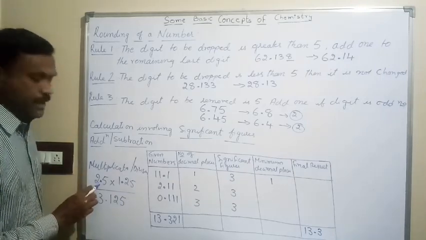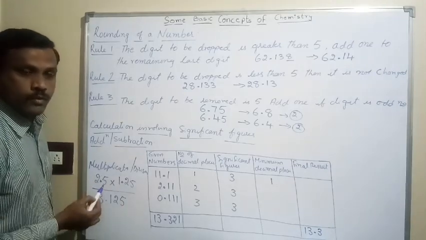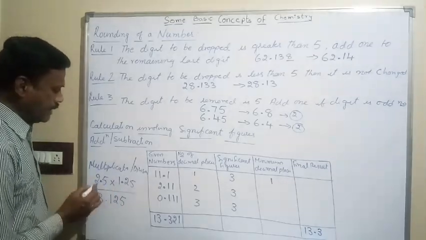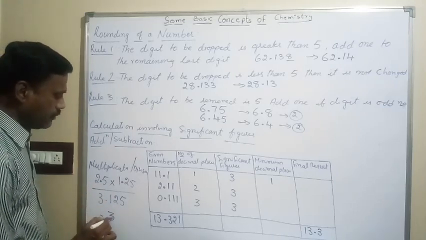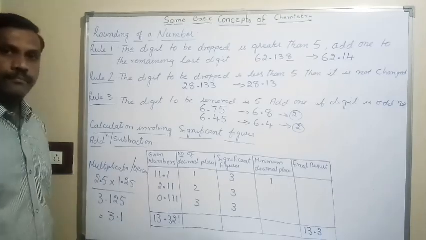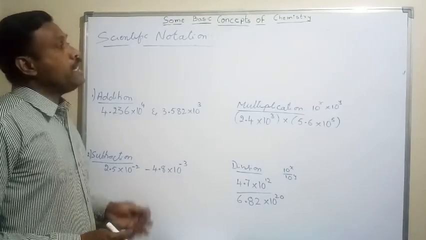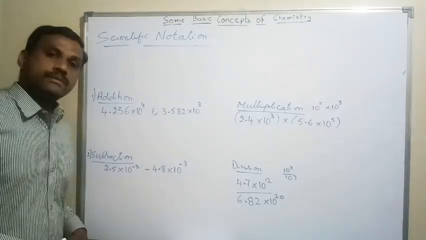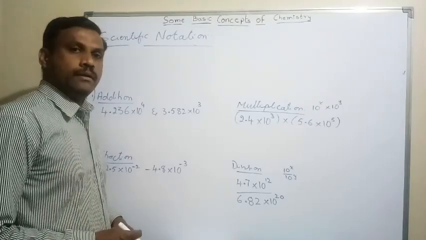Here the decimal place is 1 and here the decimal place is 2. So we have to select 2.5. So the final answer will be given as 3.1.